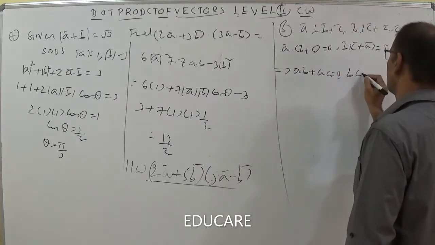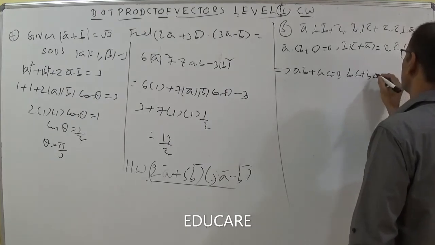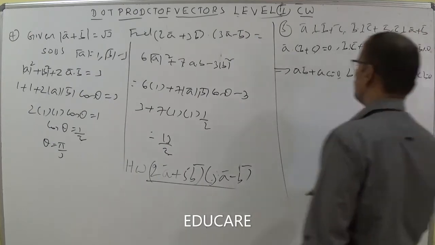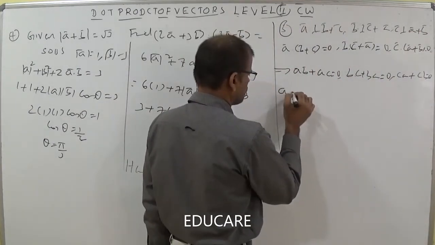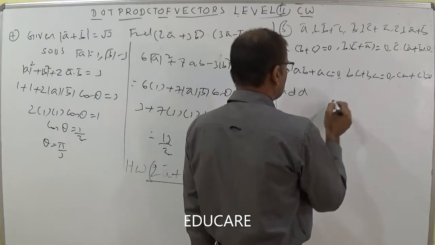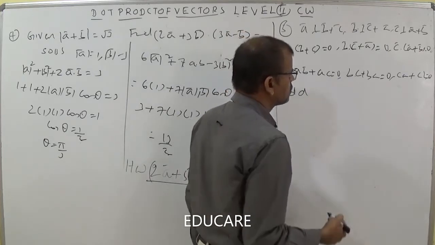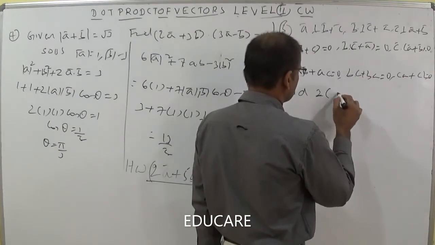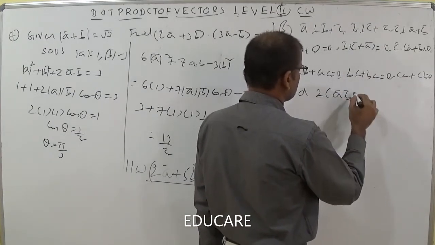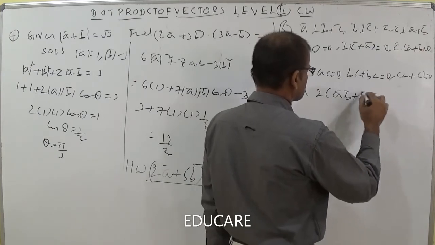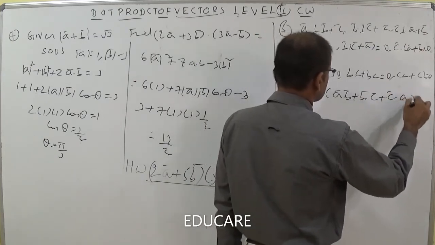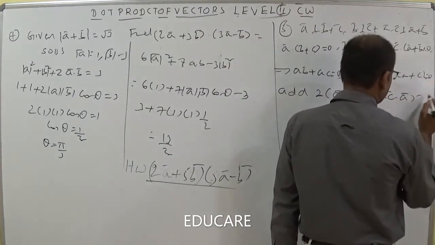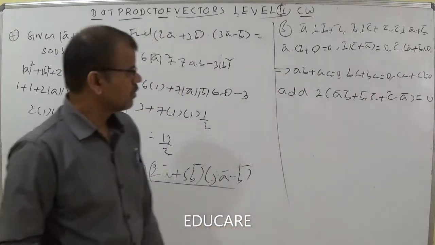So everything here BC plus BA equal to 0, comma CA plus CB equal to 0. If you add all these things, you can get 2AB, 2BC, 2CA like that. Then you can write here 2 into a bar dot b bar plus b bar dot c bar plus c bar dot a bar equal to 0.